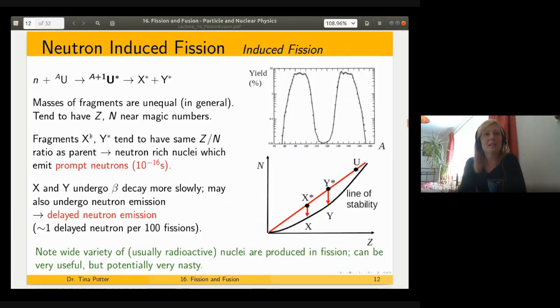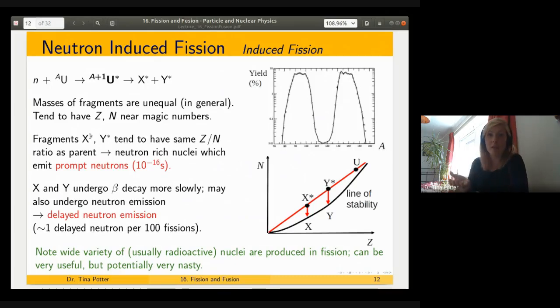So when we're creating these lighter particles, they have the same neutron to proton ratio as the parents. And back in the very early nuclear lecture, we had a look at the proton to neutron content of nuclei, and it tended to be pretty even for the light nuclei.